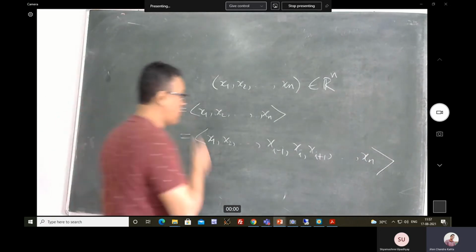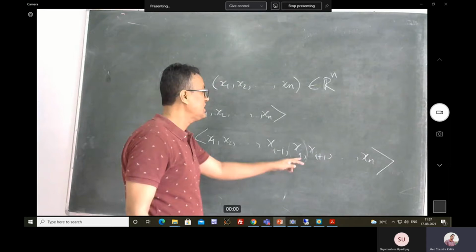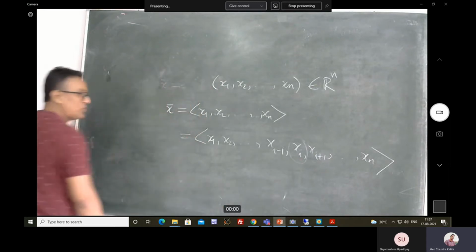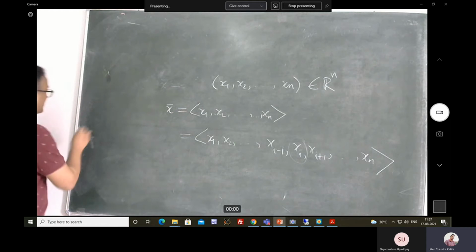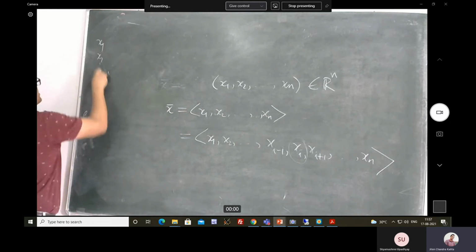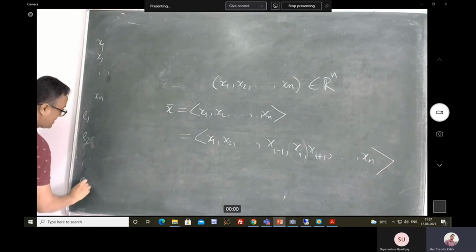Okay, fine. Now, if I want an increment only at the i-th location, I can define the unit vectors along the x1, x2 up to xn directions as e1, e2 up to en.